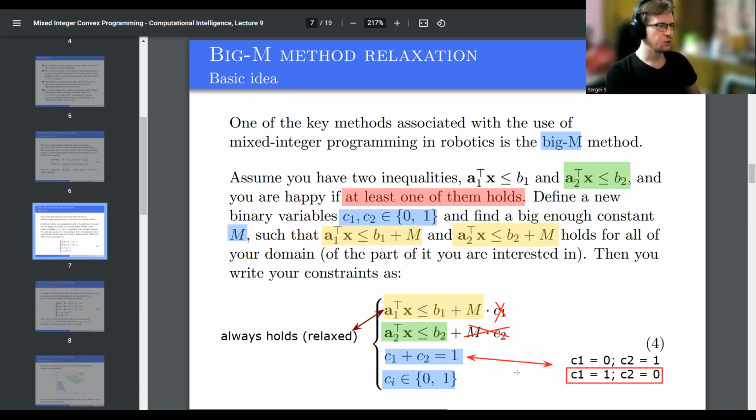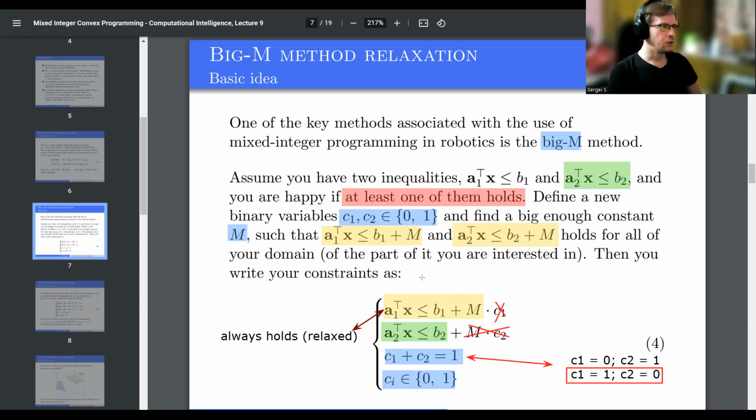That would allow us to relax both inequalities. If we put here less than or equal to 1, we would add a third scenario, C1 equal to 0, C2 equal to 0, and then both inequalities would hold simultaneously. There will be an additional scenario. But that does not add anything because they can hold simultaneously already. No one stops them from holding simultaneously. It is just that we don't enforce it.